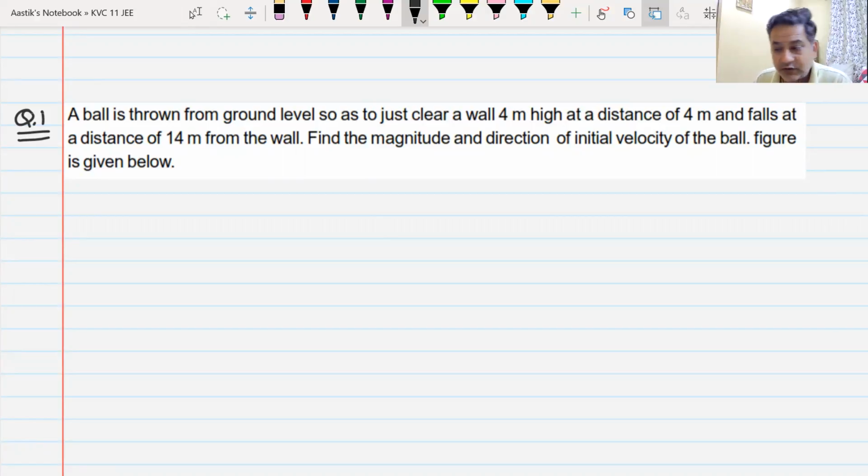So it clears a wall of 4 meter high, which is at a distance of 4 meter, and then it falls 14 meter behind the wall. Find the magnitude and direction of the initial velocity of the ball.